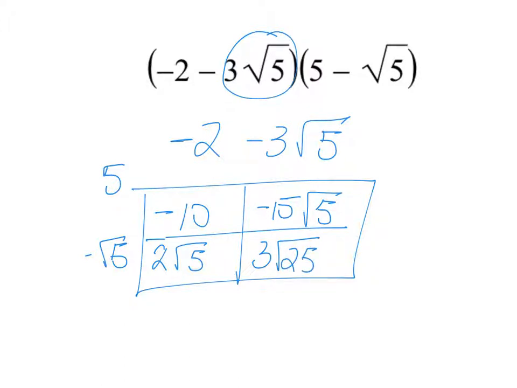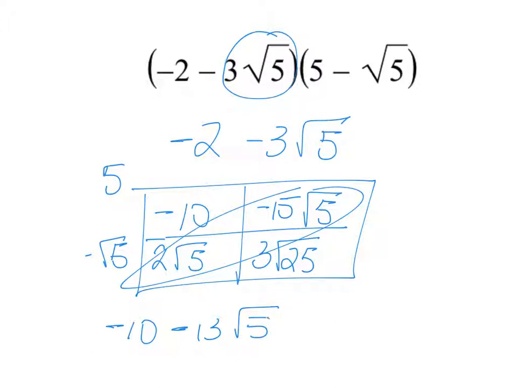Unlike the last one, I do have things to combine instead of cancel out. These will combine to a -13 radical 5. And then 3 radical 25 will become 3 times 5 because the square root of 25 is 5.